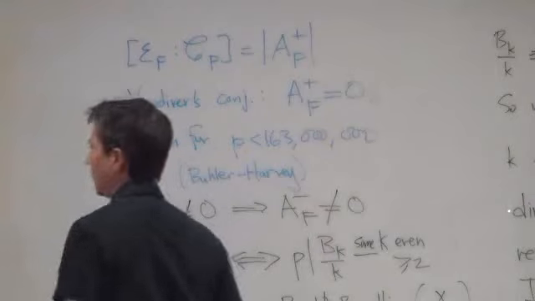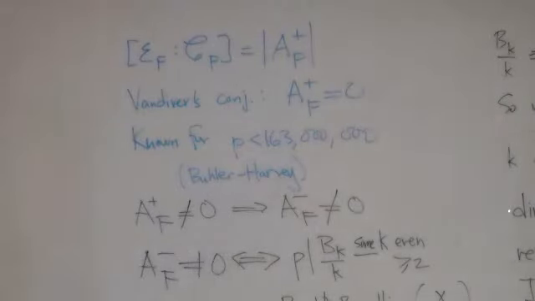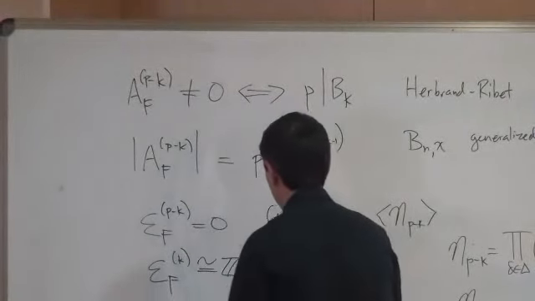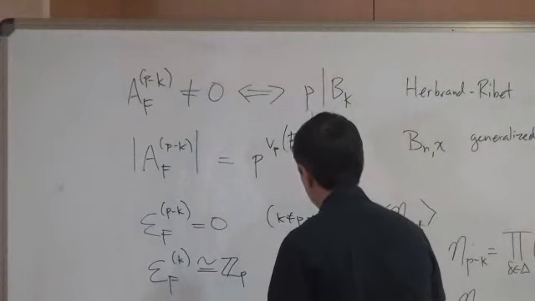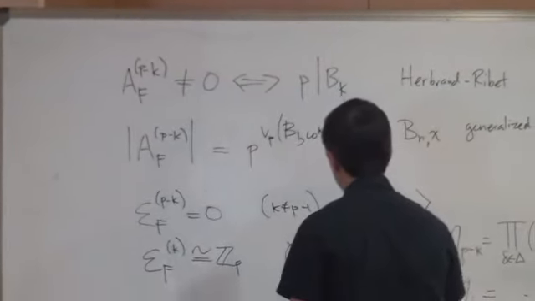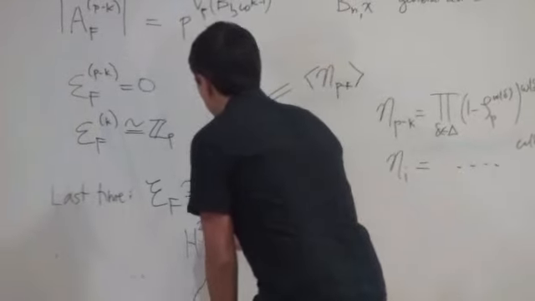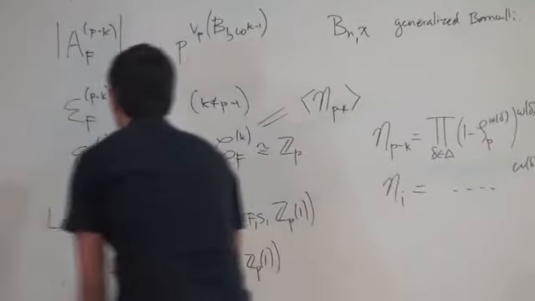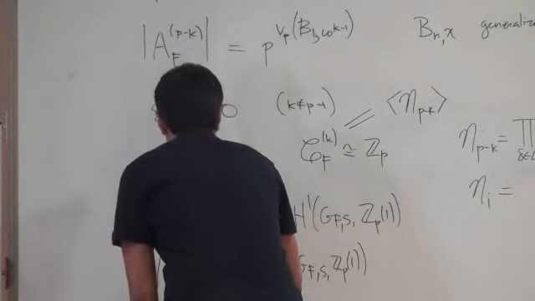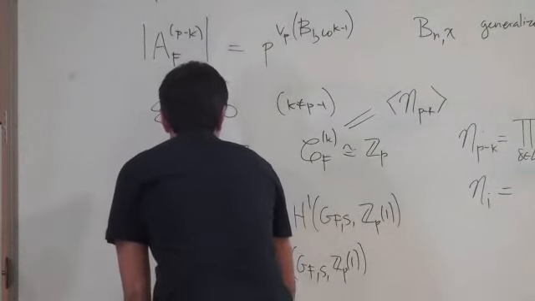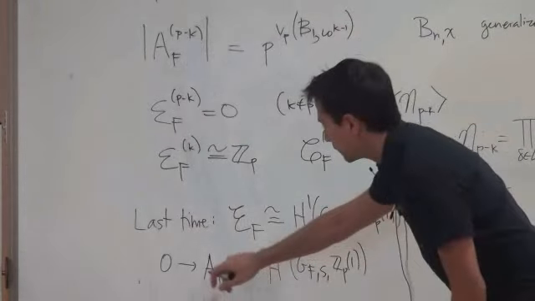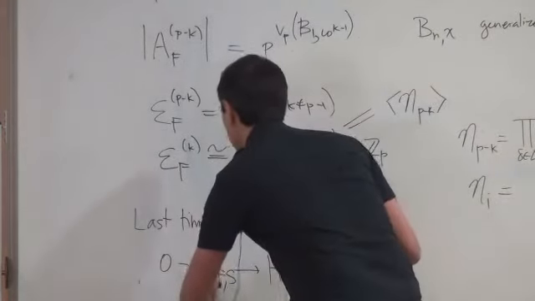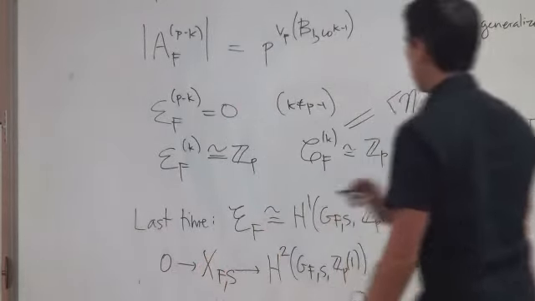Remember last time, E_F was actually isomorphic to H^1(G_{F,S}, Z_p(1)), and H^2 fit in an exact sequence with A_F^S, the S part of the class group, which I called X_F^S to denote it as a Galois group.